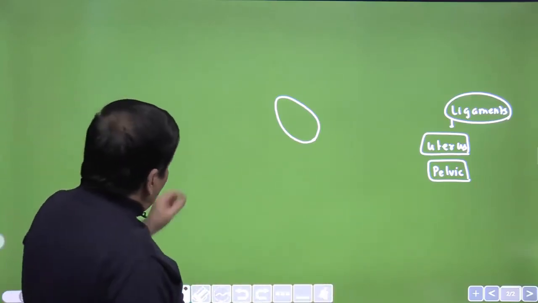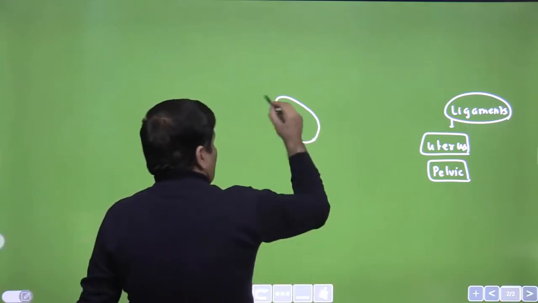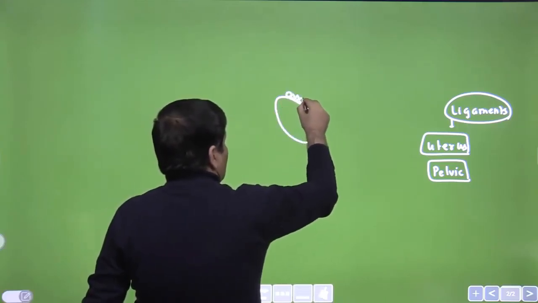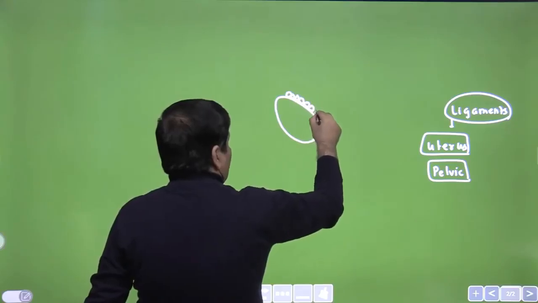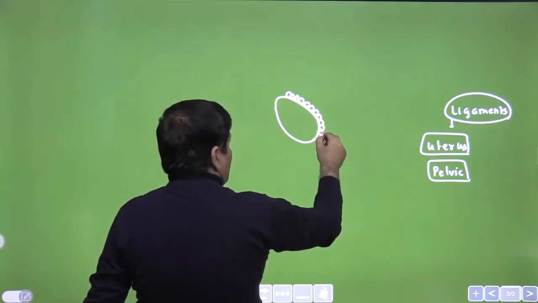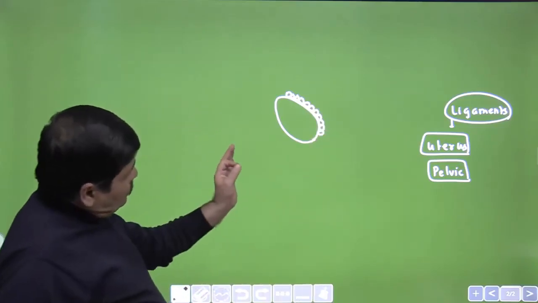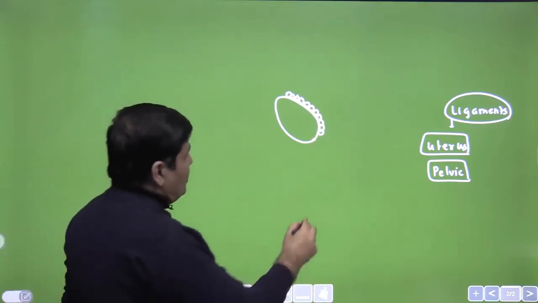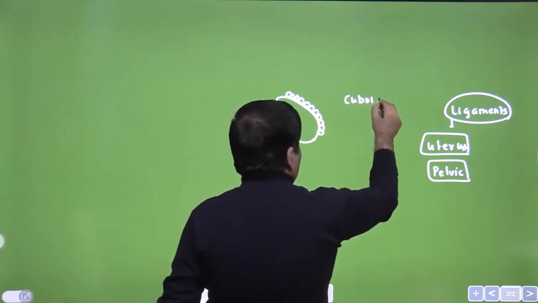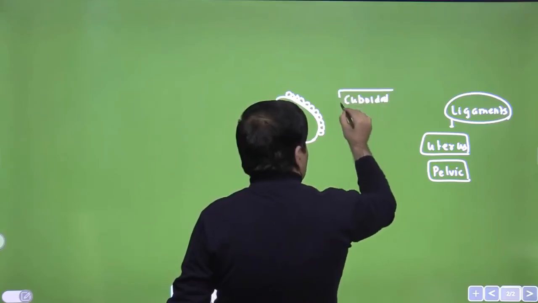Now this ovary is covered by epithelium on its surface. So obviously the free surfaces of the body, as you are aware, are covered by epithelium. So the surface of the ovary is also covered by epithelium. You know that this epithelium would be cuboidal epithelium. So this is the next point.